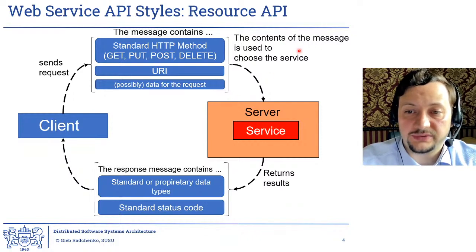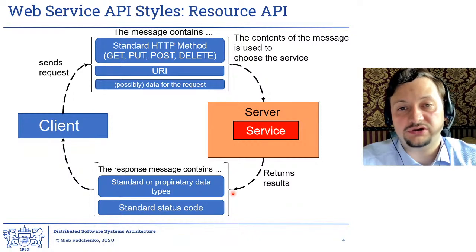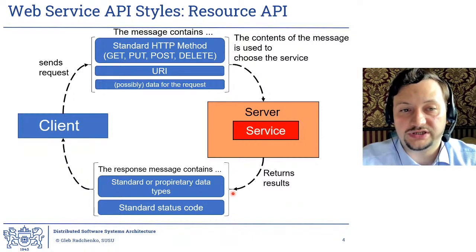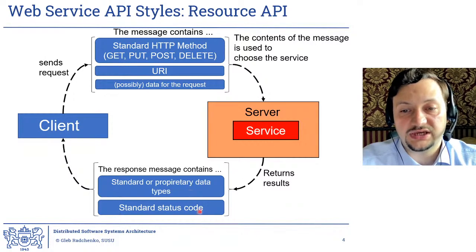So the contents of the message is used to choose the service on the server. The server analyzes the method, the URI, chooses the service and the resource that it should provide, and returns the results of the request processing. These results could have standard or proprietary data types and standard HTTP status code.